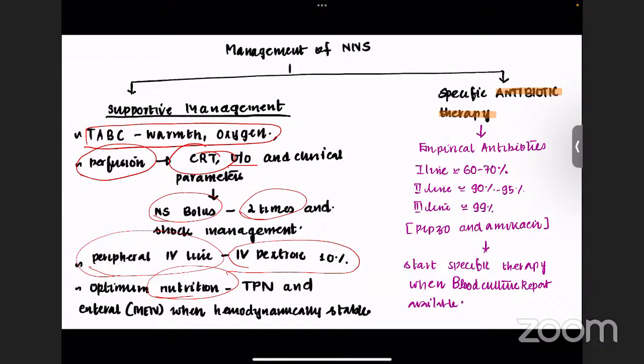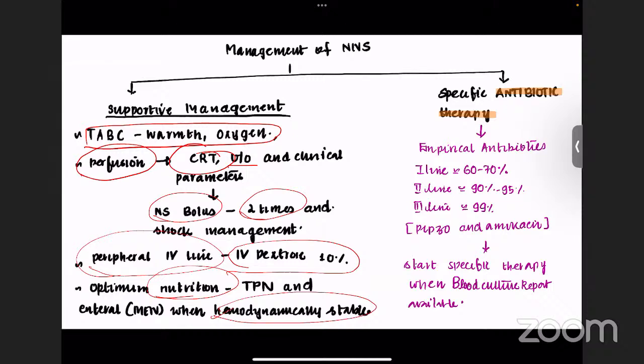Protein and energy are utilized, so the child requires protein and energy for regeneration and growth. The child must have a positive nitrogen balance. As a result, go for optimum nutrition like TPN, that is total parenteral nutrition. Enteral nutrition can be started as soon as the child is hemodynamically stable.